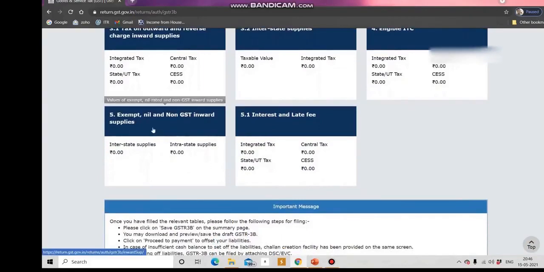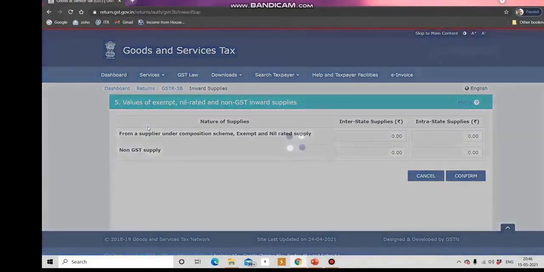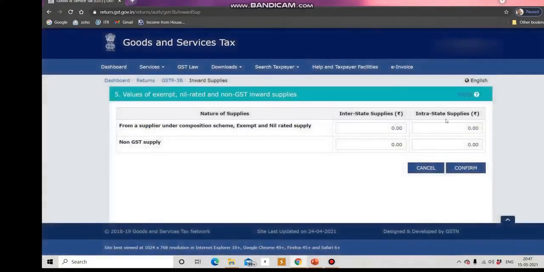Fifth is exempt, nil and non-GST inward supplies. So in this point, we have to enter the inward supplies which are nil rated, non-GST or exempt supplies. We saw in table 3.1 we had to enter nil rated, non-GST and exempt outward supplies.